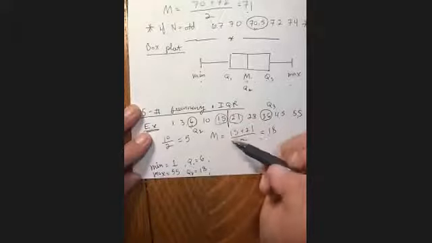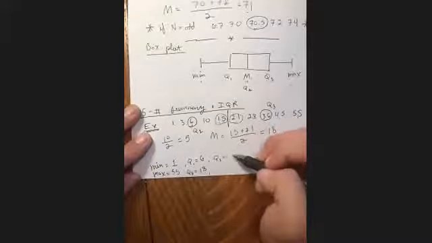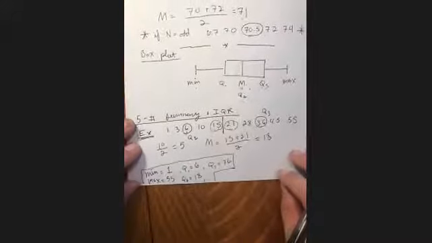And the third quartile was 36. So these 5 numbers are the 5-number summary for the data set: minimum, maximum, first quartile, second quartile, and third quartile.